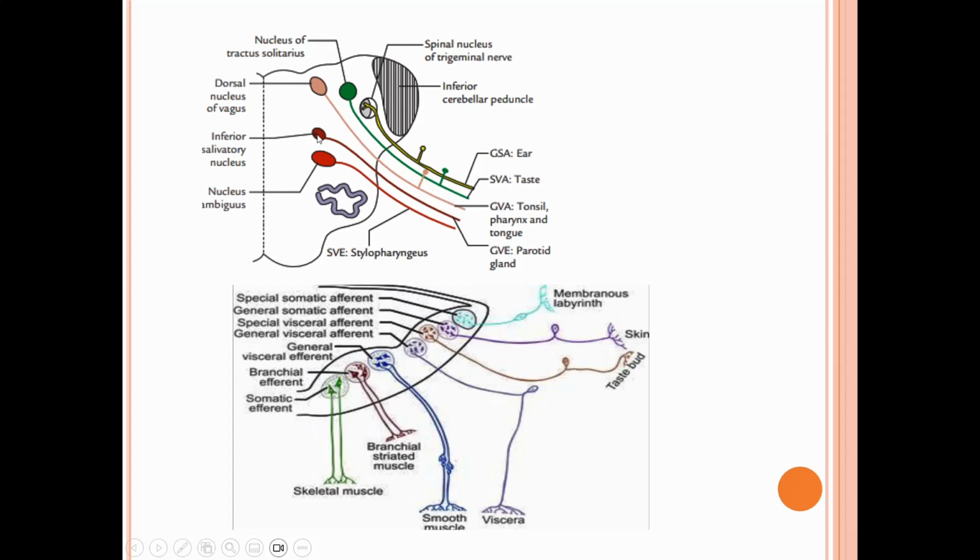Then the inferior salivatory nucleus comes from the general visceral efferent column, supplying preganglionic parasympathetic fibers to the otic ganglion, which in turn supplies the parotid gland. And then nucleus ambiguus has special visceral efferent fibers supplying the muscle arising from the third pharyngeal arch, that is stylopharyngeus.